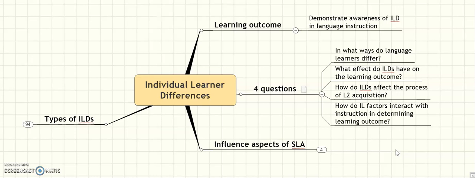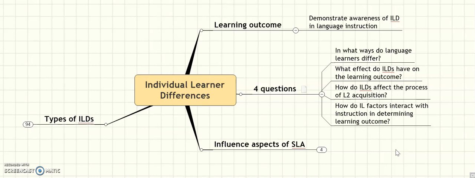We probably are not really aware of this. We may think that all learners are the same and we treat them in the same way. It shows that we are not aware of individual learner differences.